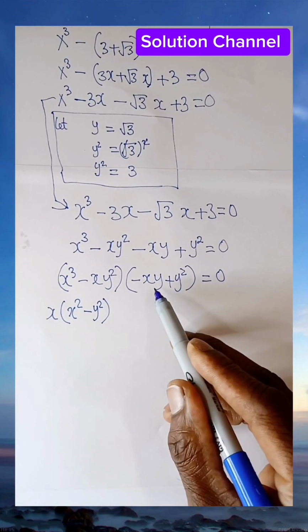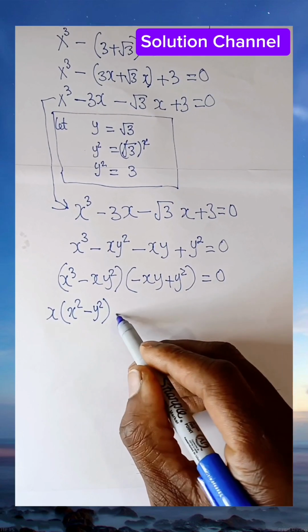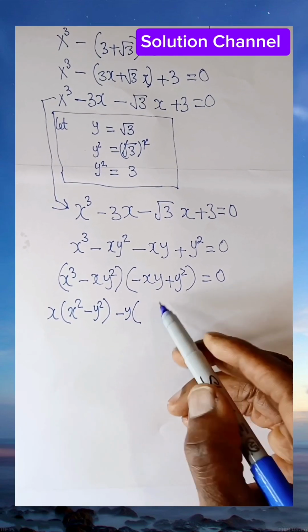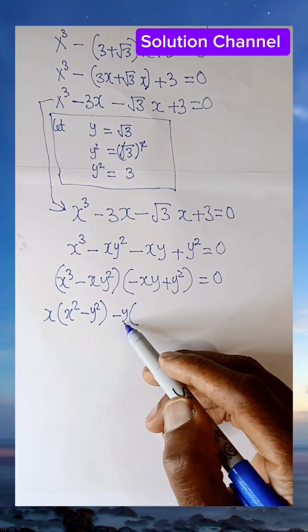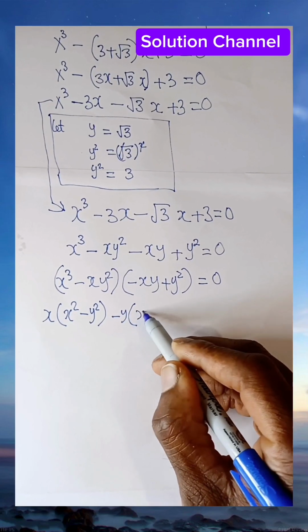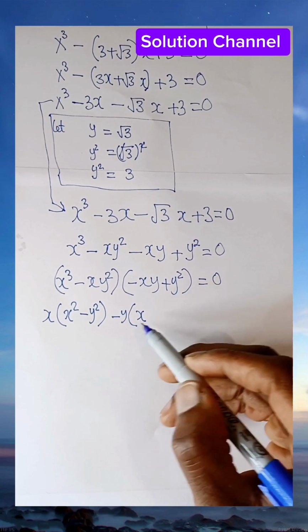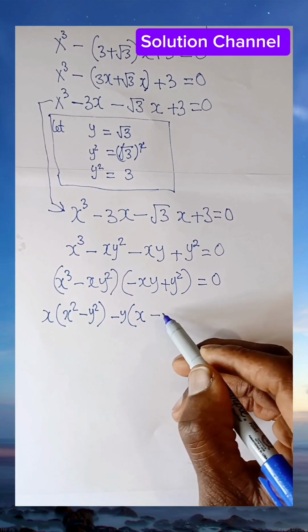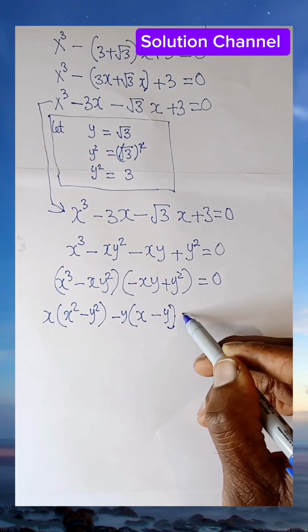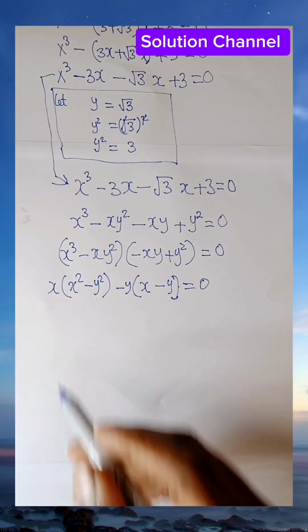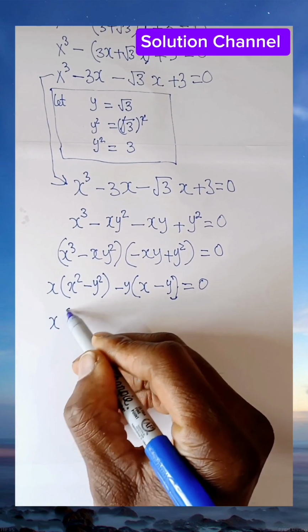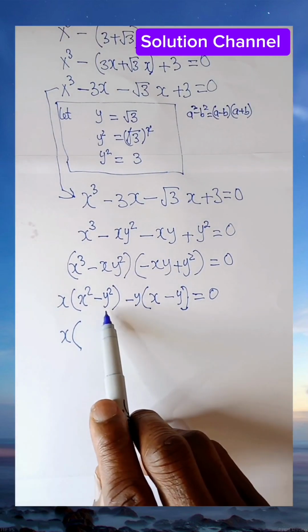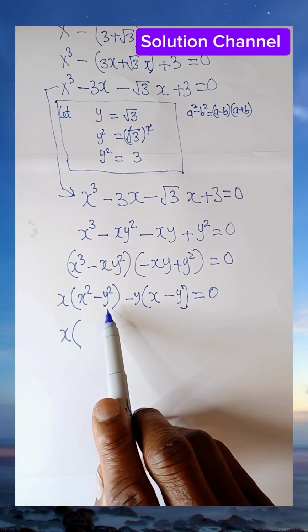And here, we are going to factor out minus y. Minus xy divided by minus y, we are going to have x. y squared divided by minus y, we are going to have minus y. And this is equal to 0. We have x times, here we have x squared minus y squared, which is the difference of two squares.